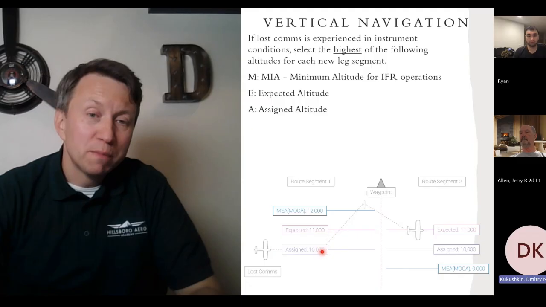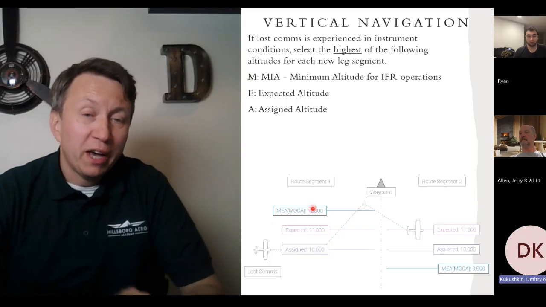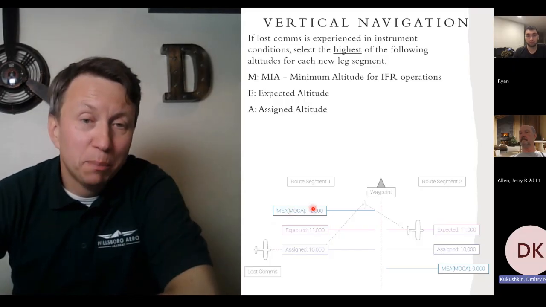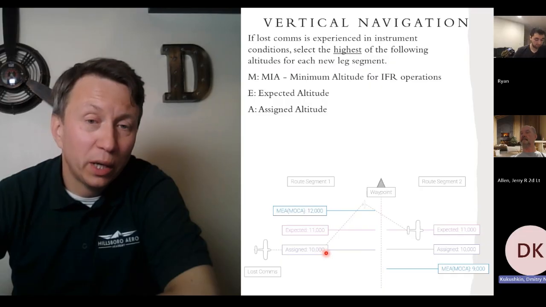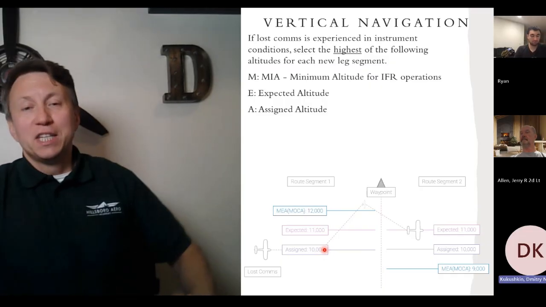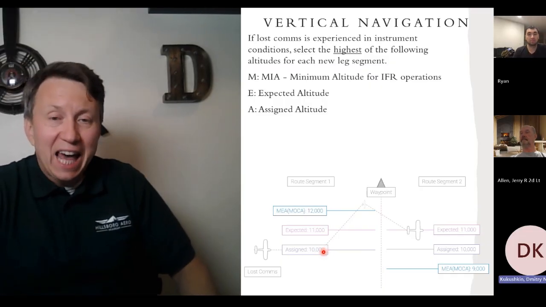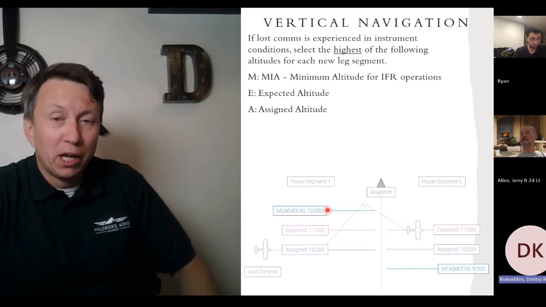You lose comms, you get on your flight. If you are on an airway that has an MEA of 12, you have to go to that despite being assigned 10 and expect 11. If your MEA is 12, that's where you go.